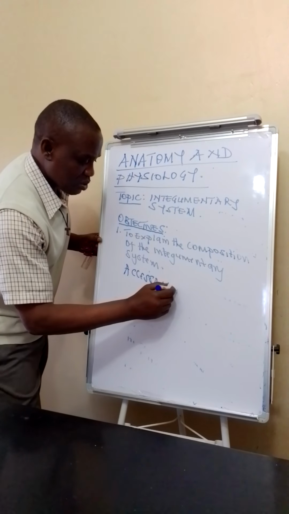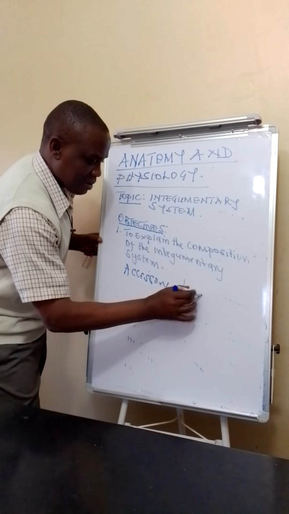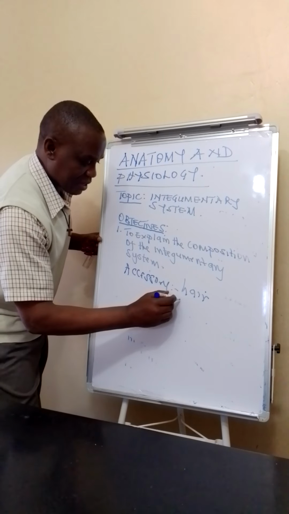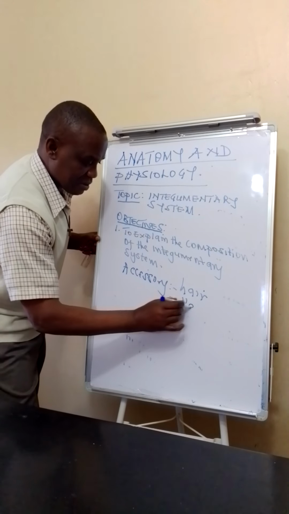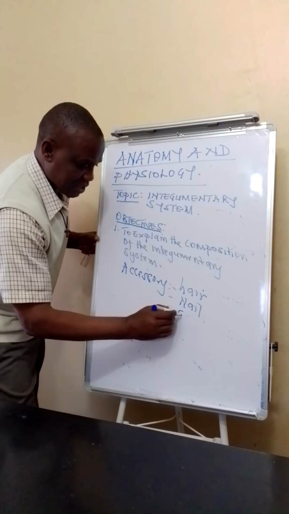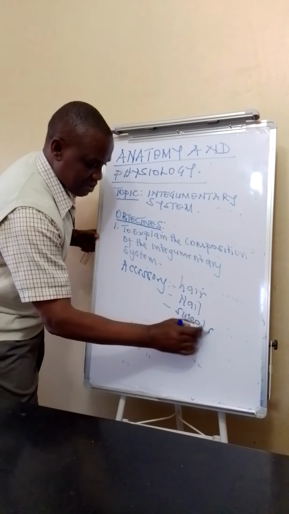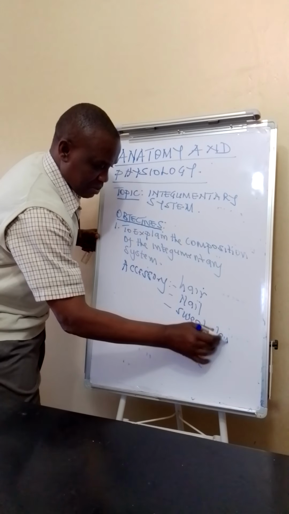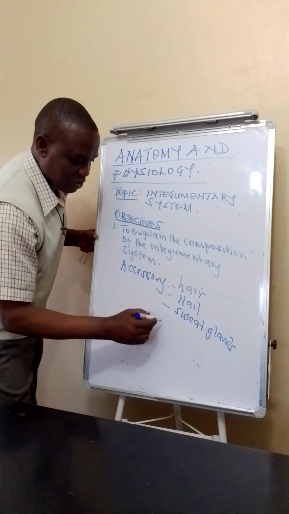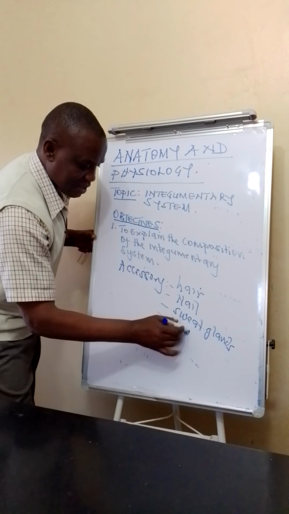Then associated with the skin is hair, which is an accessory structure. Then you have the nails. Then you have the sweat glands, or the glands in general, which include the sweat glands. Then you have the mammary glands, especially in mammals.